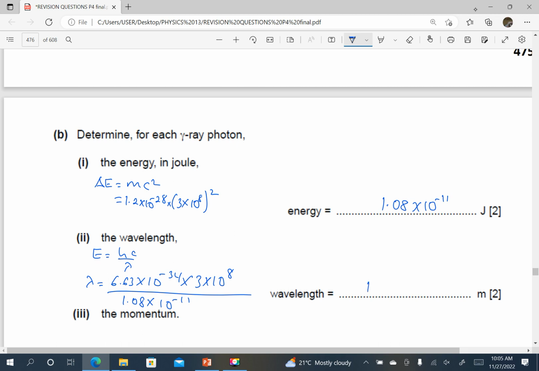So this is going to be 1.84 times 10 power negative 14 in meters.